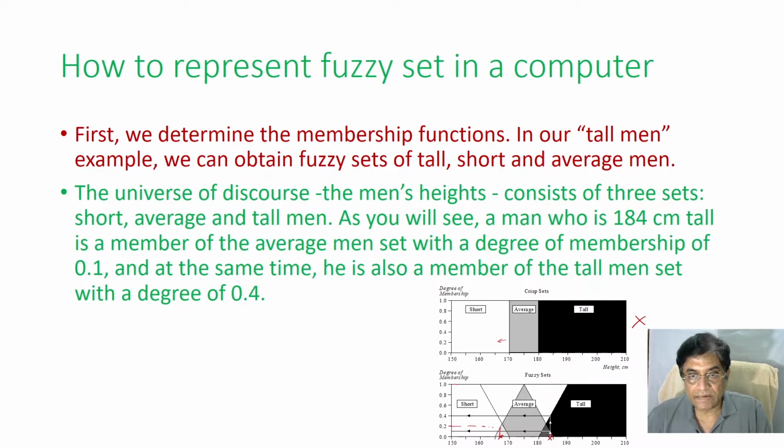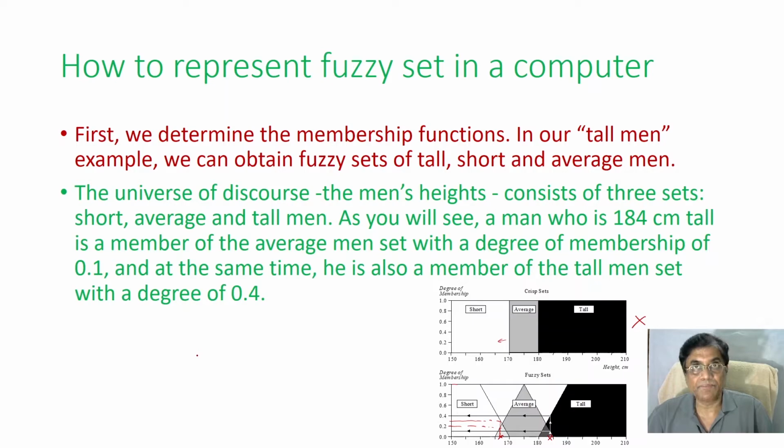It belongs with that membership value to the category of average. But if you project it further, it belongs to the category of short with that membership value. And then if you incorporate both in your fuzzy set, then you better characterize what actually the person's height is. Okay, so this is actually fuzzy thinking, right?